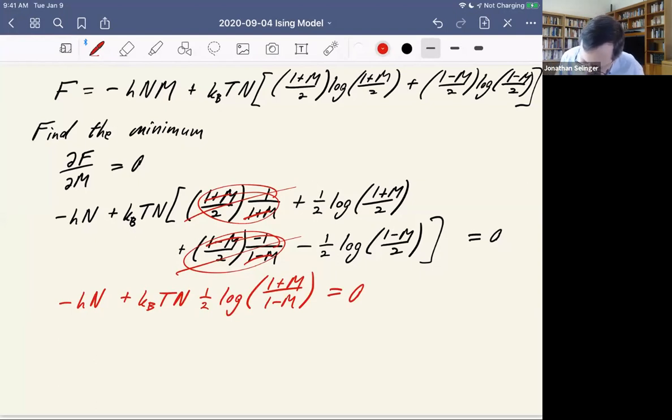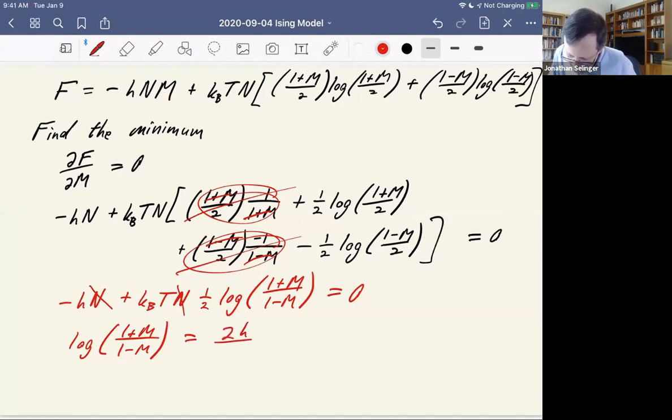And how else can I simplify? I could cross off the ends, cancel the ends. So then what? I get that the log of 1 plus m over 1 minus m is 2h over kt, I guess.